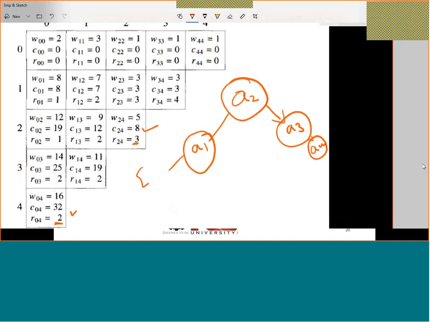Now here you can write down the E0, E1, E2, E3, E4. Okay. So this is the optimal binary search tree for this particular data. Okay. So this is what you need to compute in order to give the optimal solution.